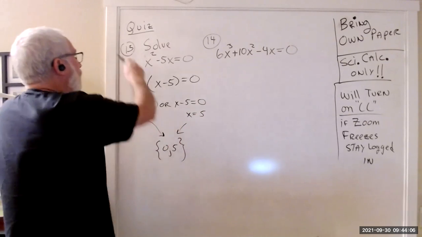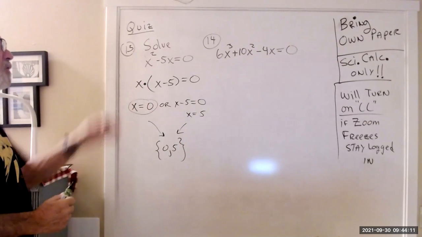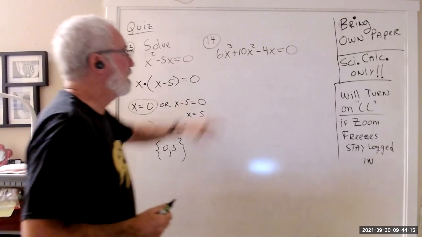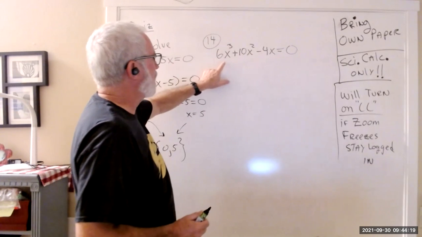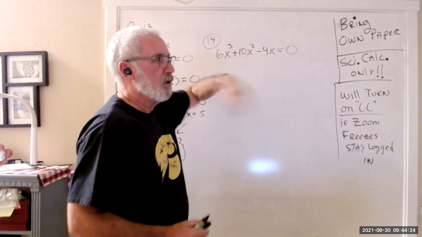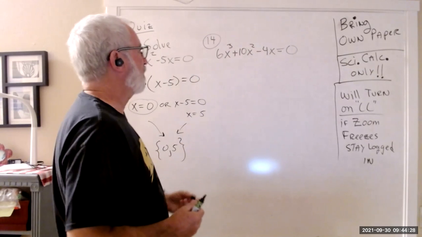Okay, so that was problem number 13 from the chapter 7 quiz. This is problem number 14 from the chapter 7 quiz. Okay, again, it already equals 0. Yay for small favors. It's already in order: highest power, next highest power, lowest power. So we run through the checklist. First, we always try to take out what they have in common.